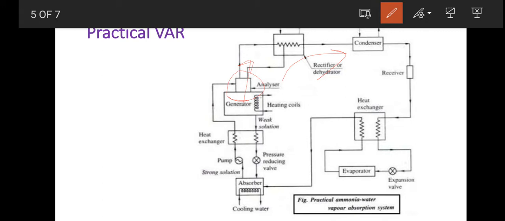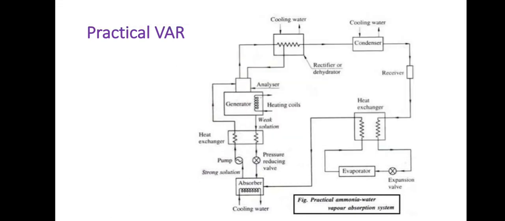In the analyzer, only the ammonia vapor is taken out, and the water vapor is condensed, converted into liquid form and dropped back into the generator. Only the ammonia vapors are released from the analyzer. The efficiency of the analyzer is about 98 to 99%.